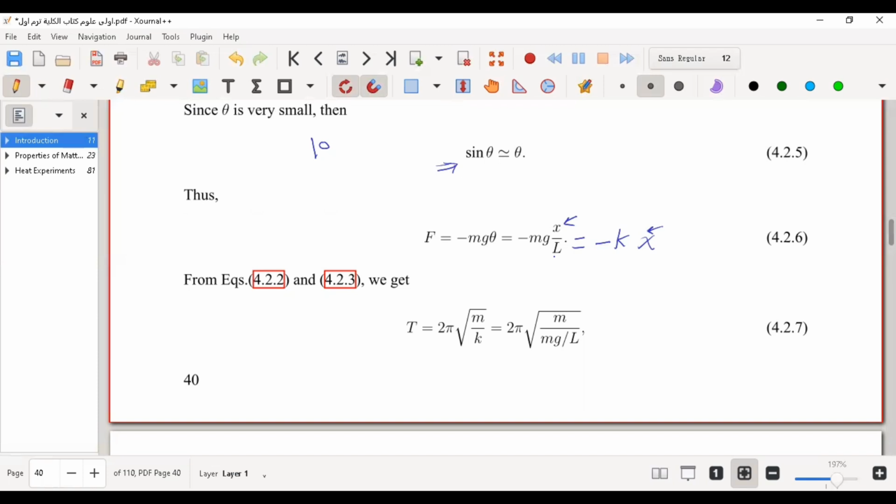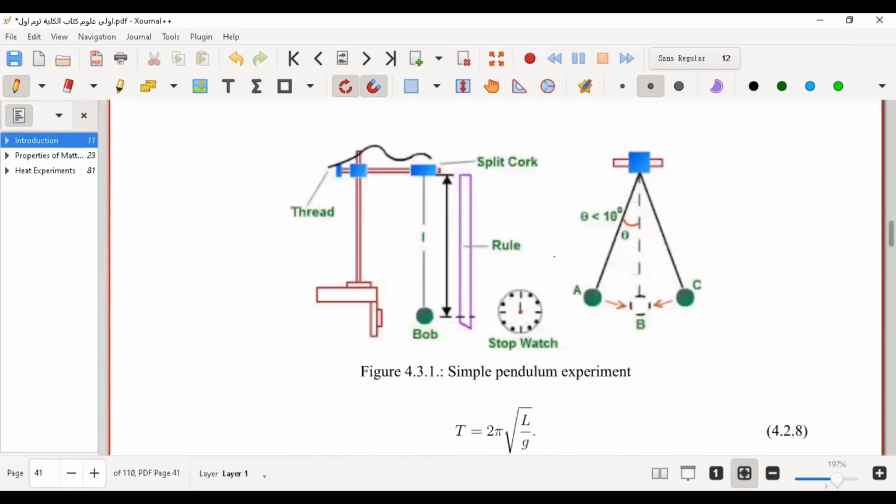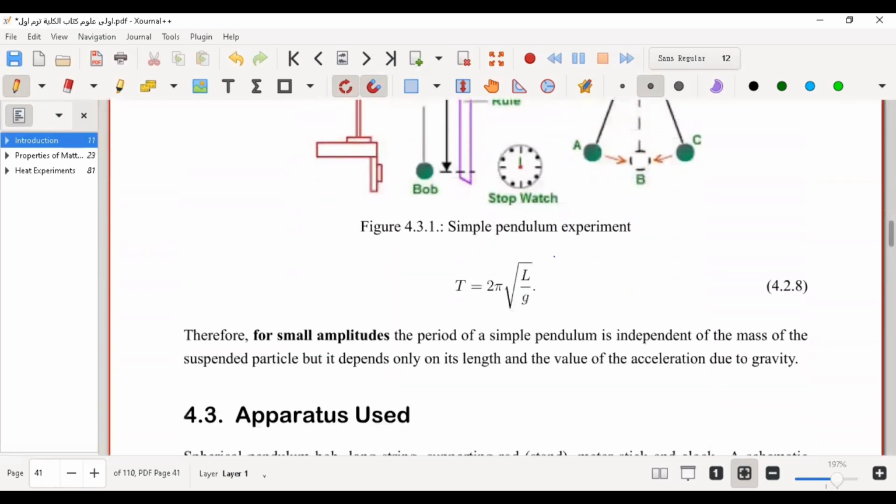By using mg over L instead of k here, we will find the periodic time equals 2 pi multiplied by root of m over mg over L. This m and this m will be removed together, and we will find the final expression: T equals 2 pi multiplied by root of L over g.